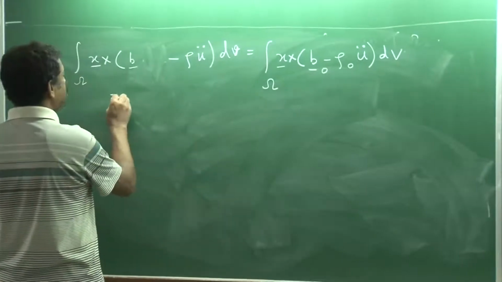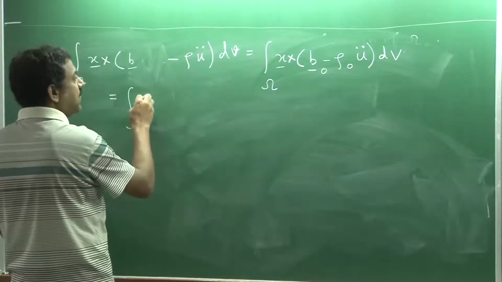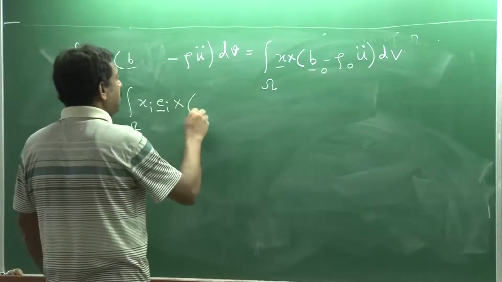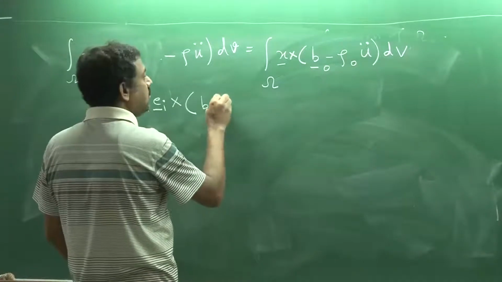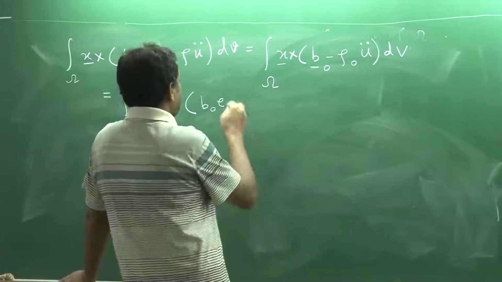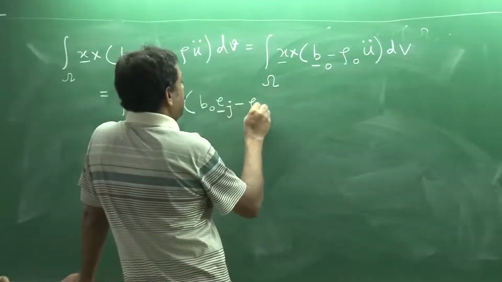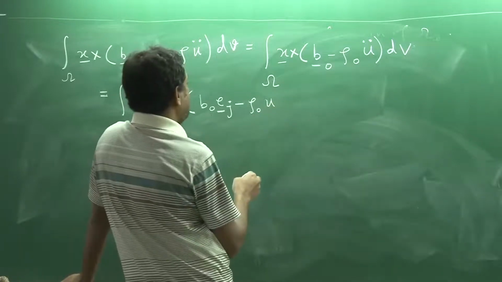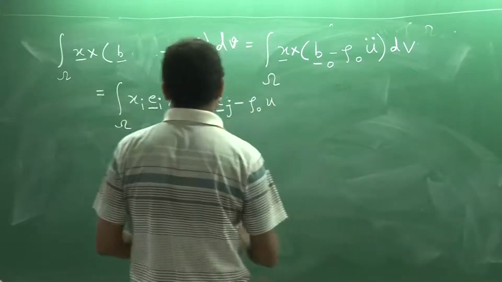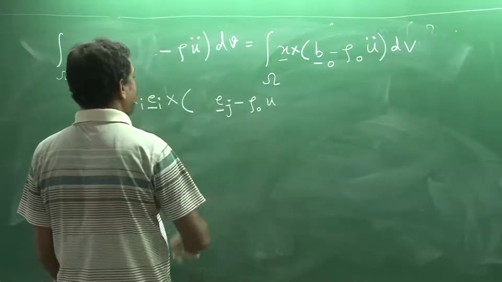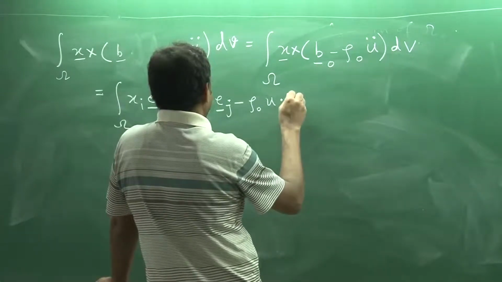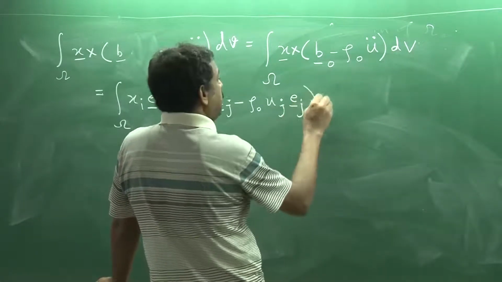So, this I will now write in indicial notation. So, this will be maybe x_i e_i cross b_0j minus rho_0 u_j, e_j, dv.